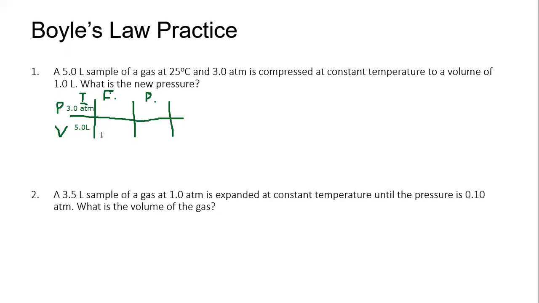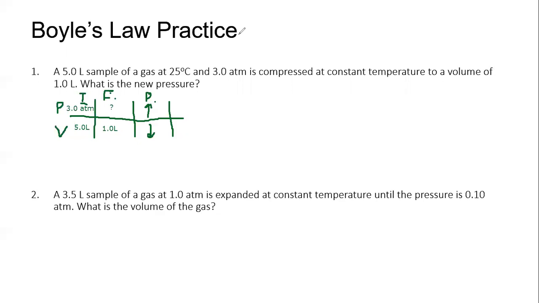In our final state, the volume is 1 liter, and we don't know the pressure. So in this example, you see that volume decreased. So we predict that pressure should increase, because again, it's inversely related.